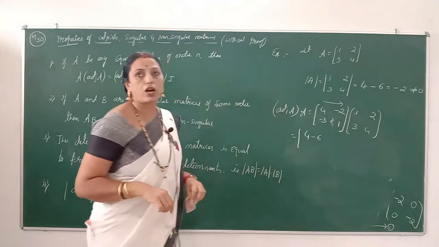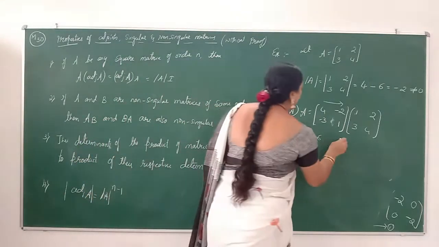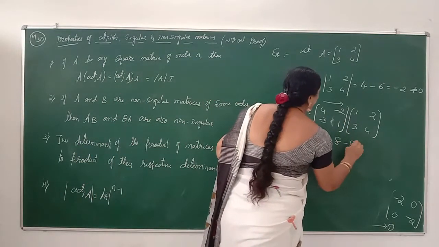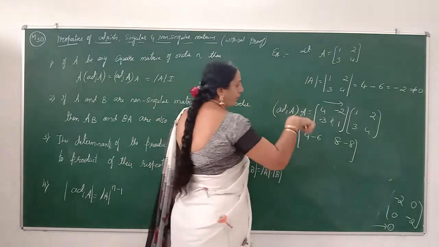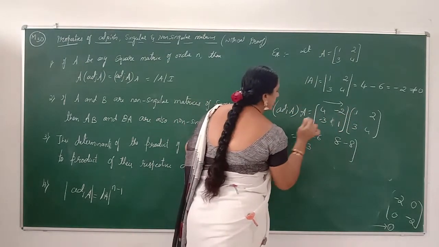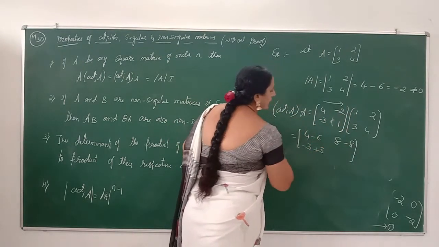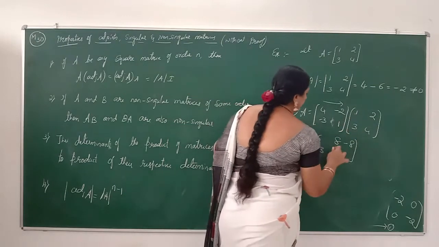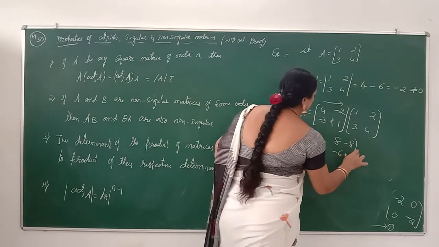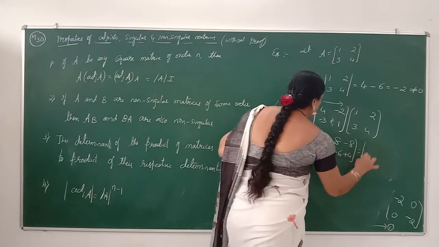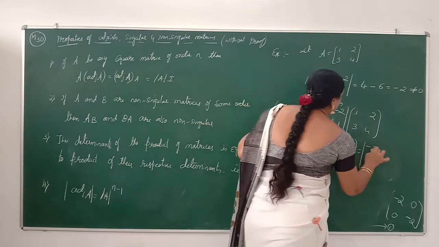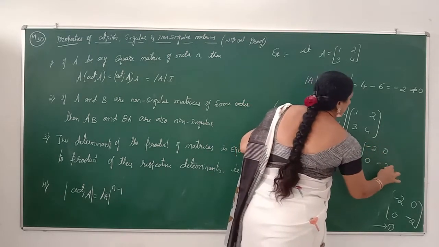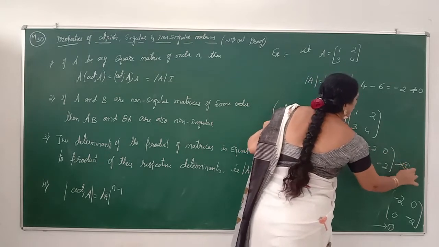First row, second column, 8 minus 8 is 0. Second row, first column, minus 3 plus 3 is 0. Second row, second column, minus 6 plus 4 is minus 2. So the simplification is minus 2, 0, 0, minus 2, which we call equation 2.